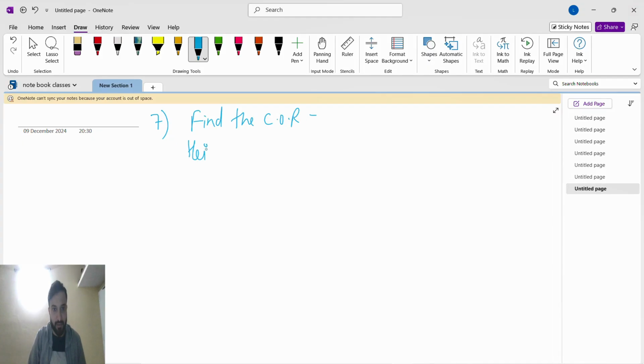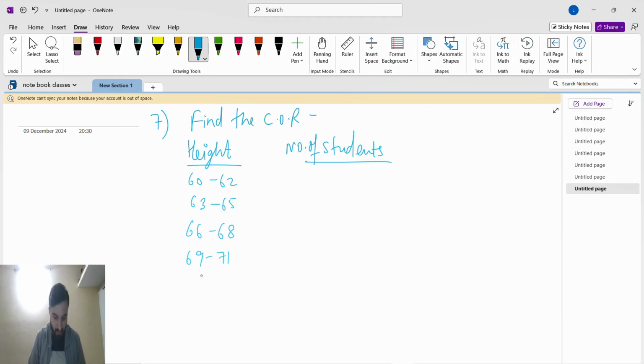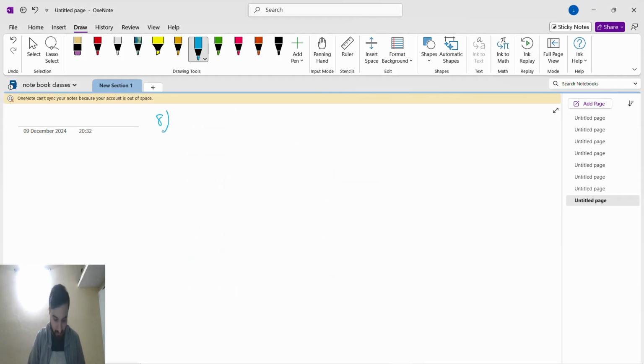Same, this side is height and this side is number of students. 60 to 62, 63 to 65, 66 to 68, 69 to 71, 72 to 74, and frequencies 8, 20, 30, 18, 5.